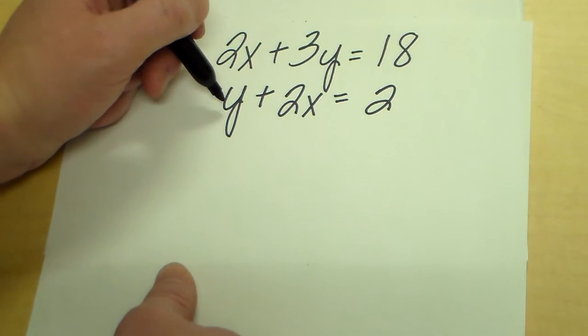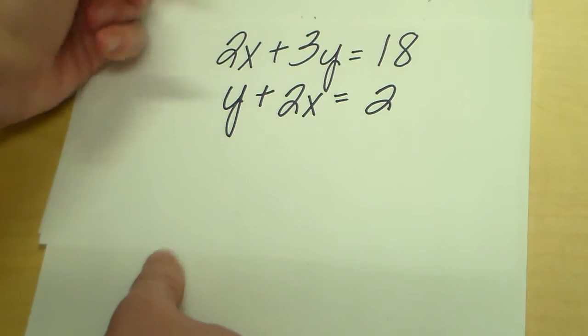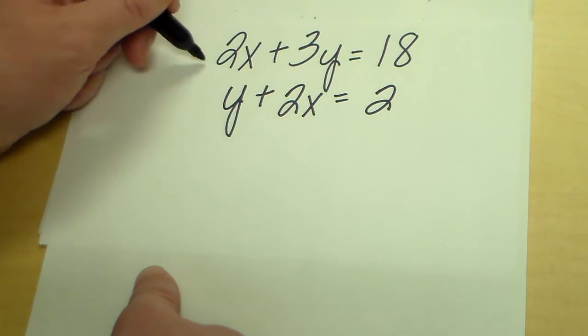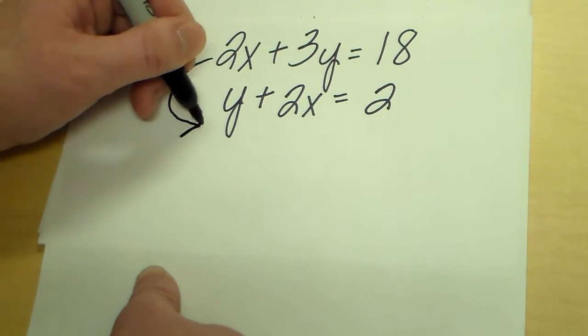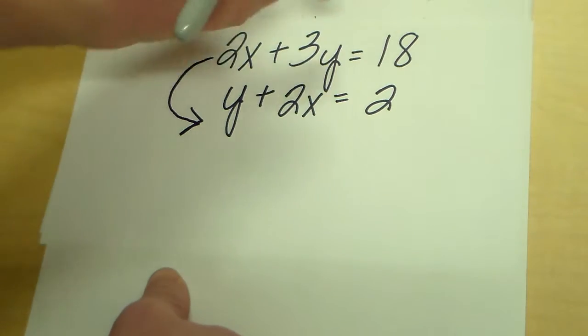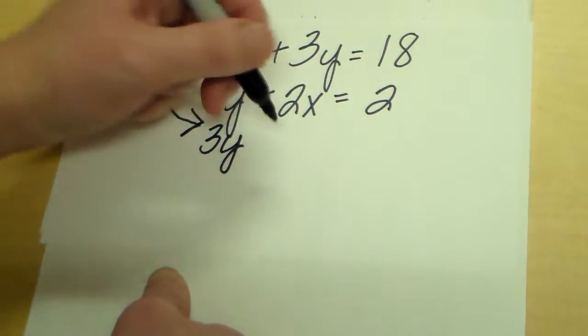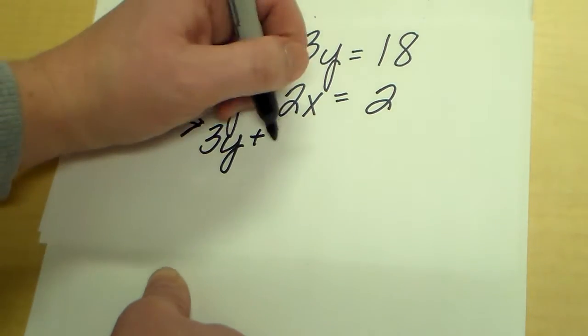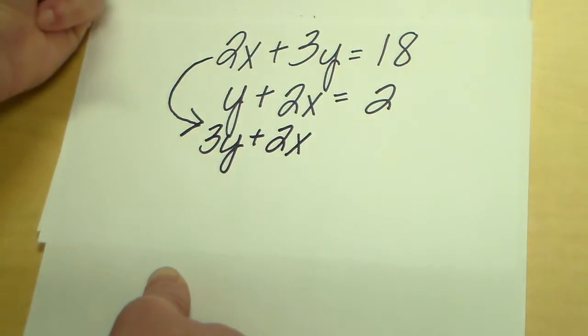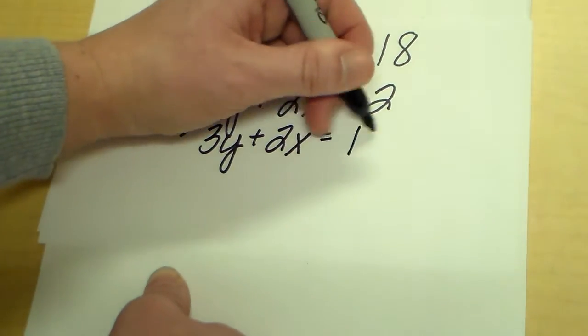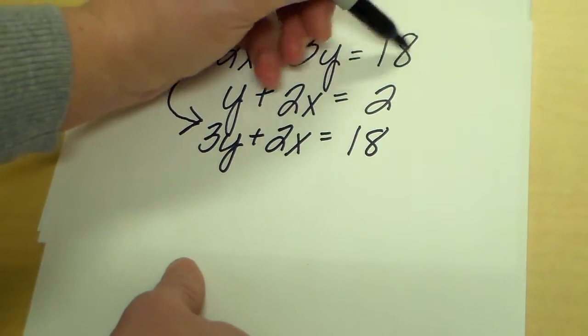So I'm going to rewrite this first equation to switch my y and x, and then just write it below here. So 3y I want to be in front, and I'm going to put the 2x after it, and it still equals 18 at this point. Nothing has changed there.